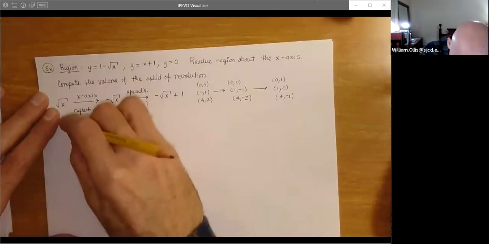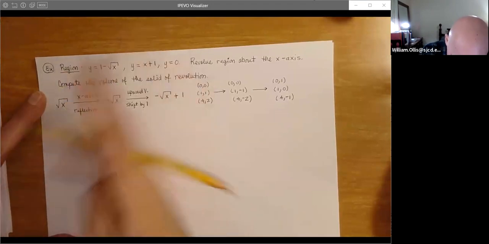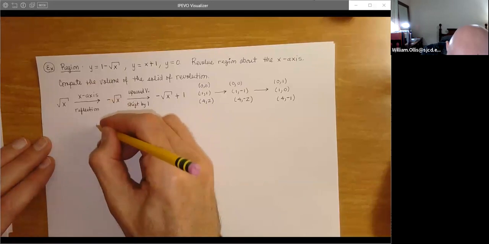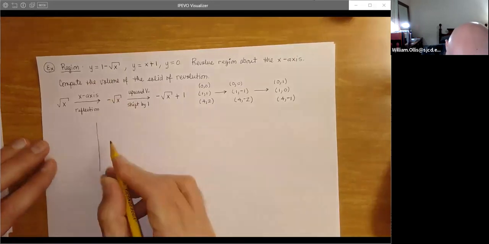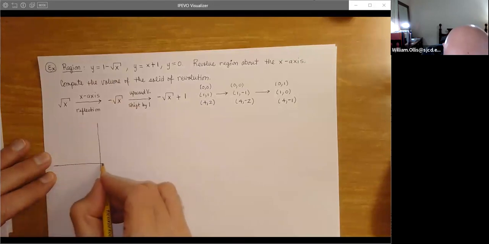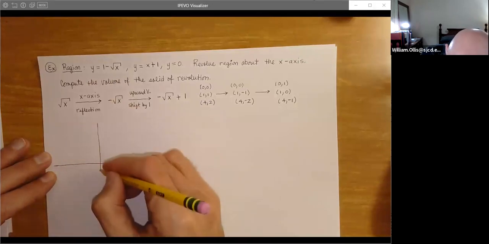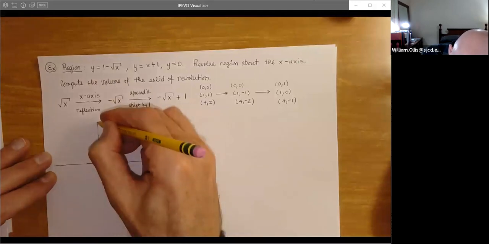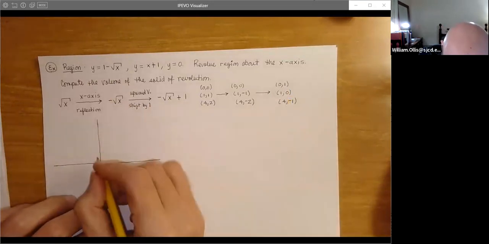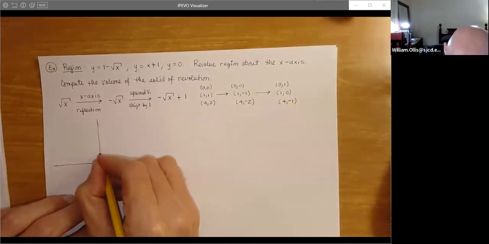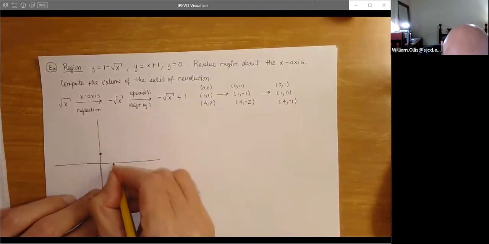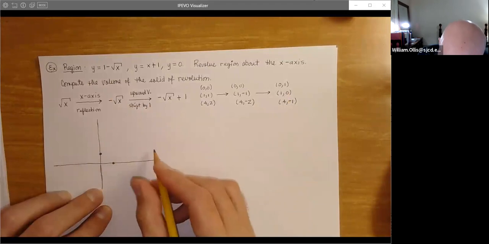Let me give it a little bit more room here. I don't want to get too close to the edge. Let's just give a little room so when we graph our line, it's not so difficult, and spread this out a little bit more. So now we have (0, 1), and then we have (1, 0), and then we have (4, -1).